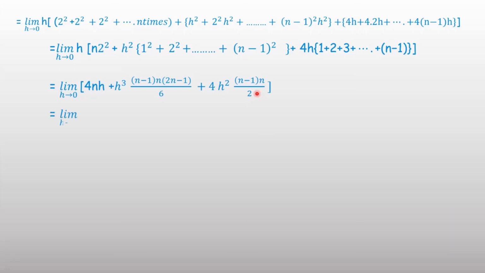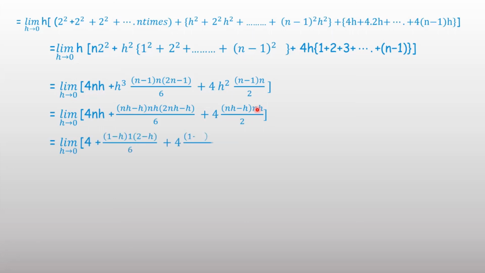Then next step: 4nh plus h cube, write h with the first bracket as (nh minus h), second h with the second term is nh, and the third h multiplies in the second bracket as (2nh minus h), plus 4h square, one h written with the first bracket (nh minus h), and the second h with n written as nh. Now put the value of nh.